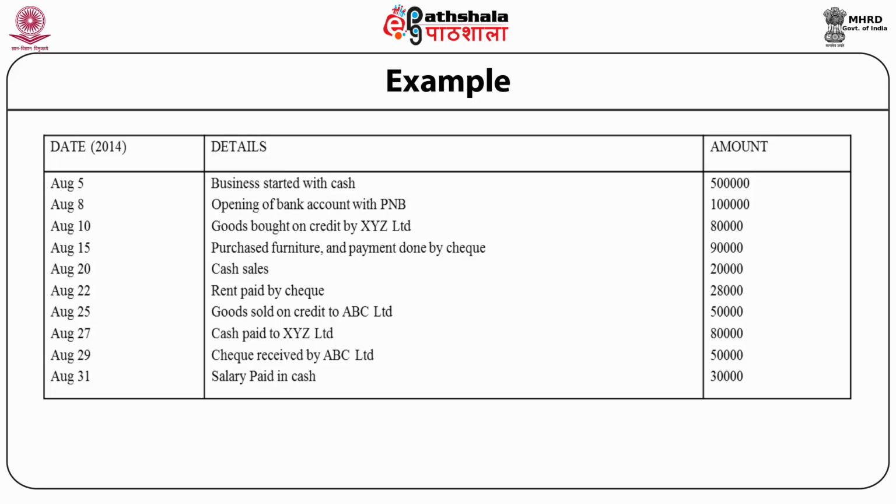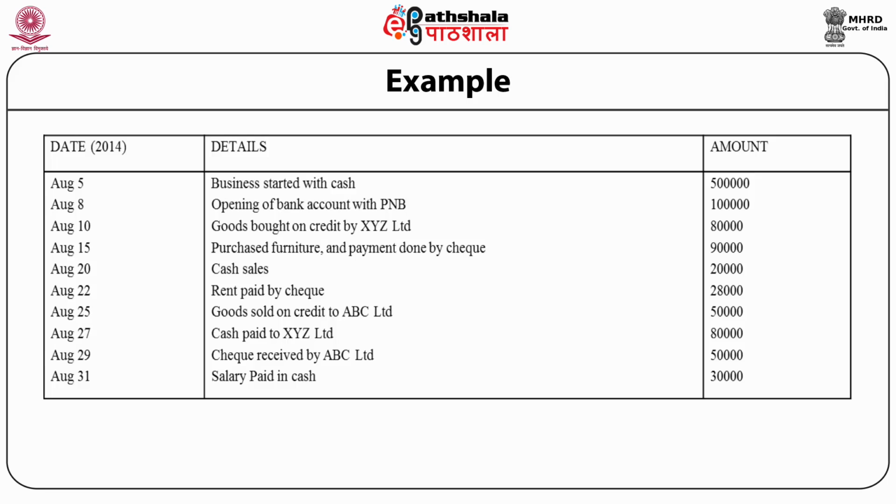August 8, opening of bank account with PNB, rupees 1 lakh. August 10, goods bought on credit from XYZ Limited, rupees 80,000. August 15, purchased furniture and payment done by check, rupees 90,000.